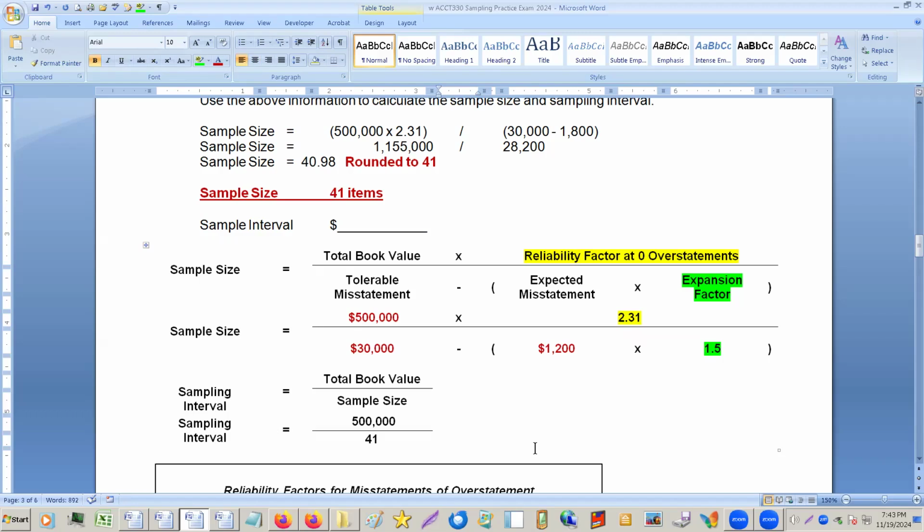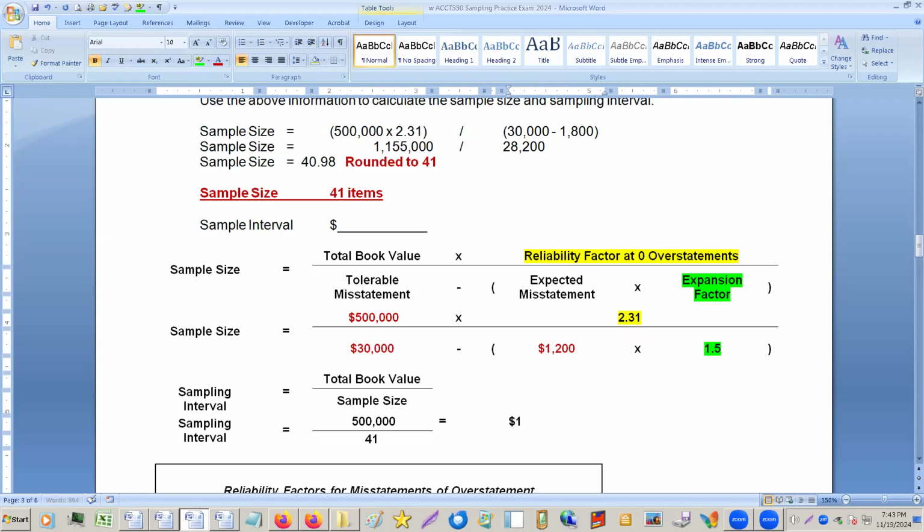I'm going to round to the nearest dollar, $12,185.